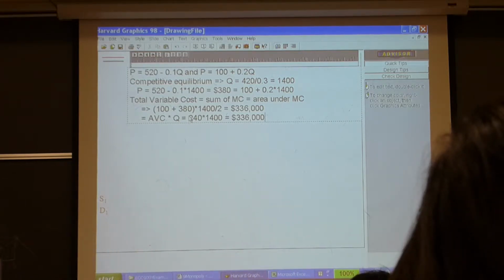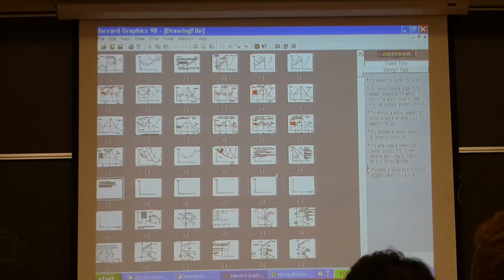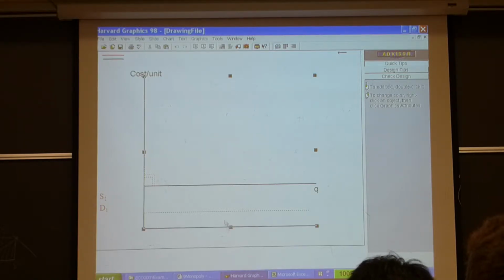So our average variable cost is that. I'm going to draw this on the next page. Sorry, just so you see this. So we'll draw this like this. In our case here, we have like this.